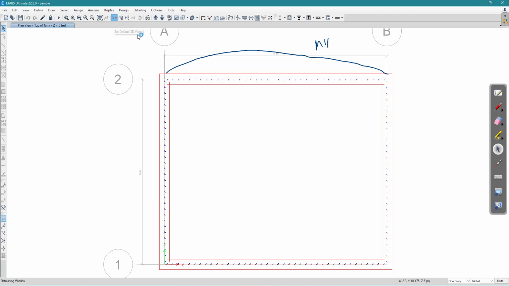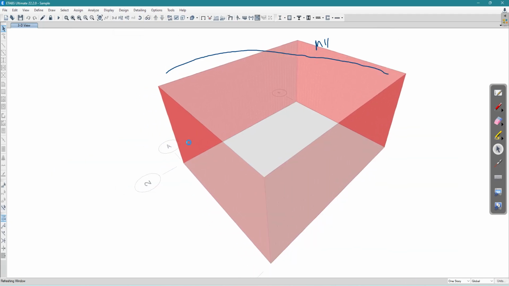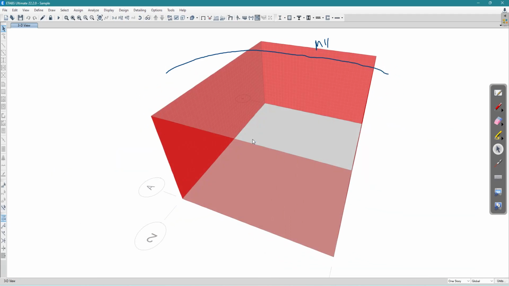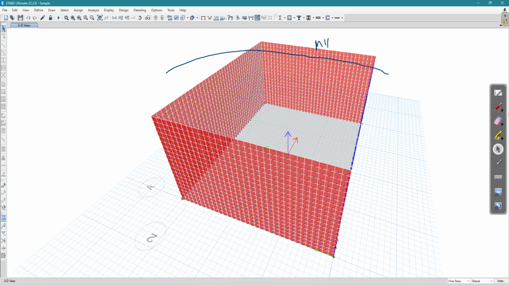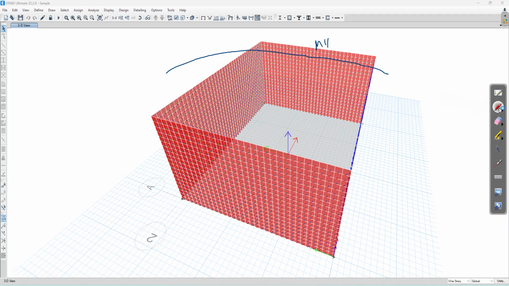Vertical bending will take place like this. So this is your vertical bending, M22 bending, and this horizontal bending is M11 bending. Okay.